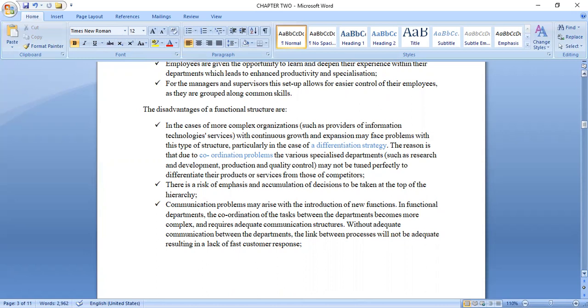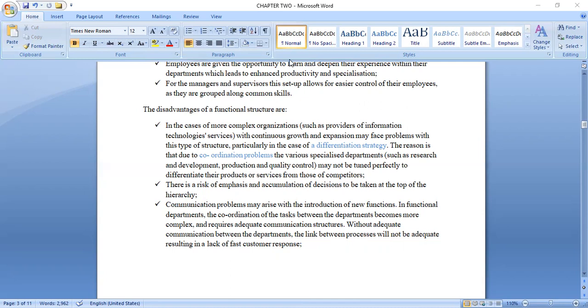So we've already seen that functional organization structures are applicable for small organizations, but in a scenario where we are having complex organizations like the information technology service providers, the functional structure will not work, right? Complex organizations.